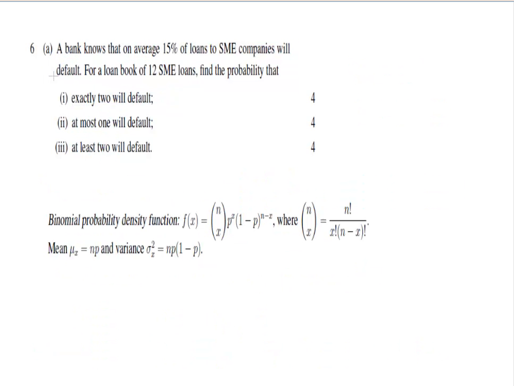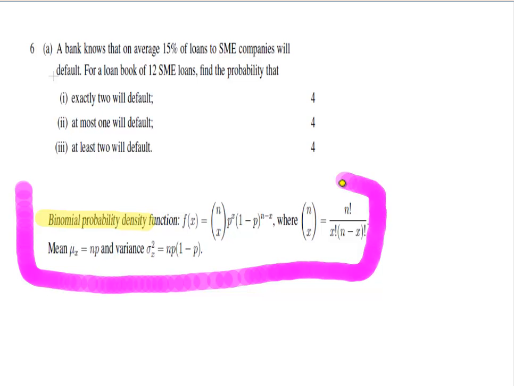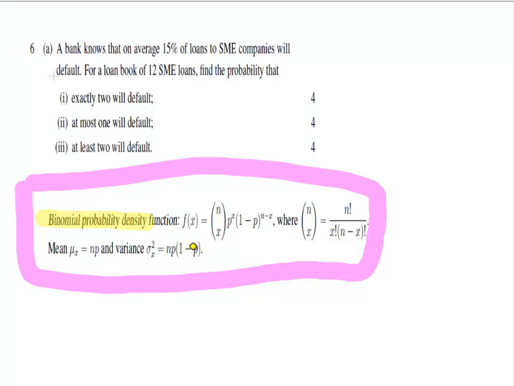Now what we're going to do is go to the back of the exam paper and see that we can use this formula here. We know it's binomial, so we can use all this information. We're told the mean, we're told the variance, but we're also told how to compute f of x, the probability mass function, or probability density function, depending on the context.